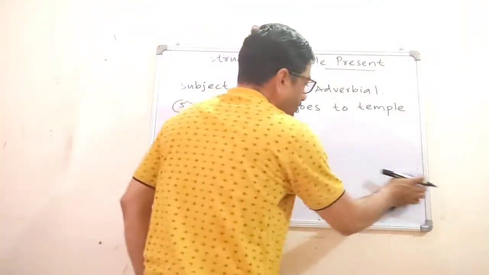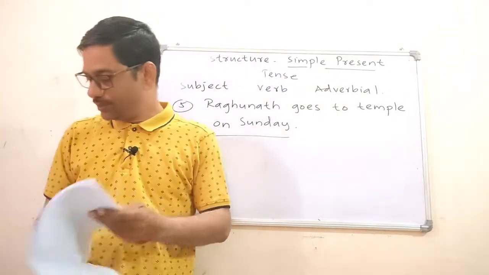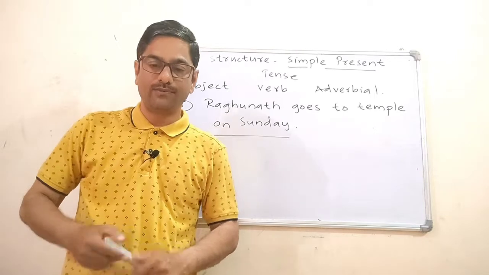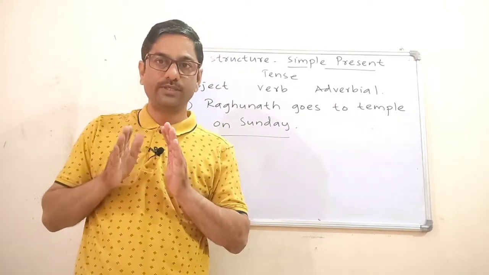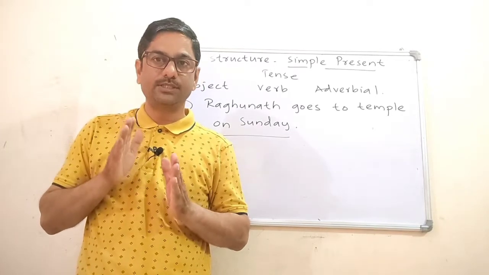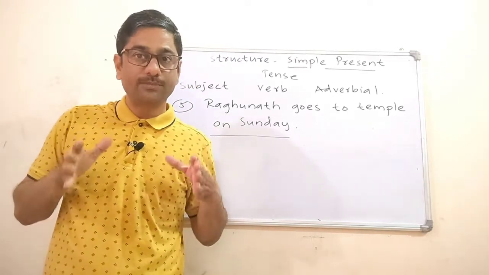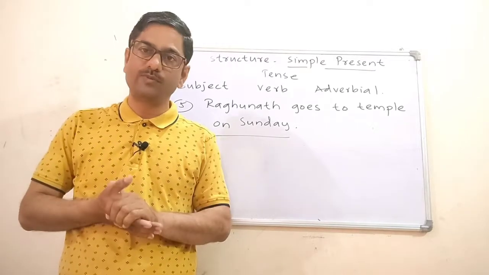So today we studied sentences of simple present tense. We studied affirmative sentences. In affirmative sentences, the structure is subject plus V1 plus object, complement or adverbial. If the subject is I, we, you, they, then you will make use of the base form of the verb, and if the subject is he, she, it or singular noun, then you will make use of the s form of the verb.